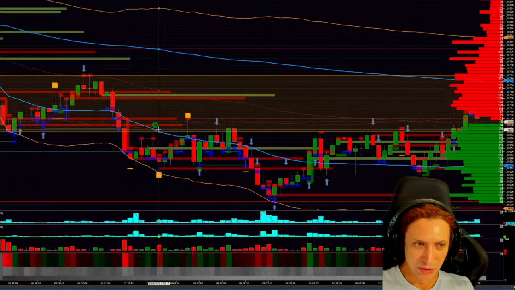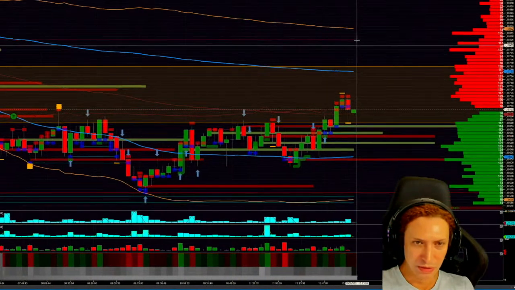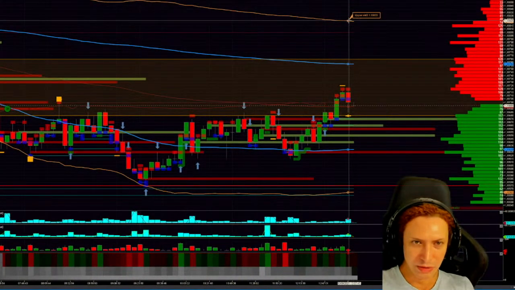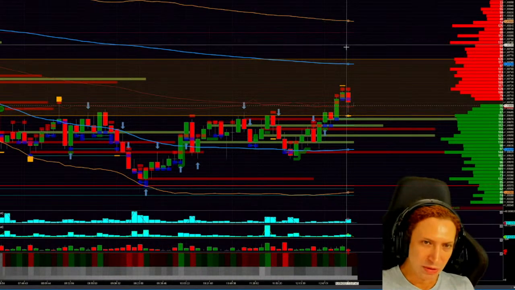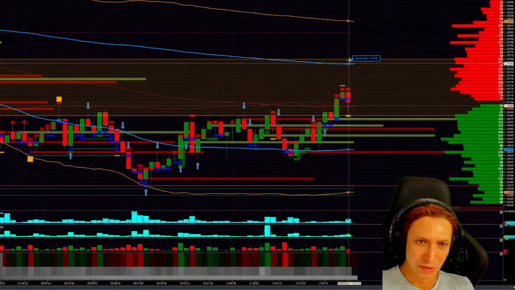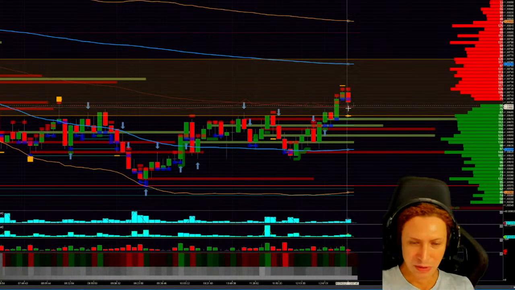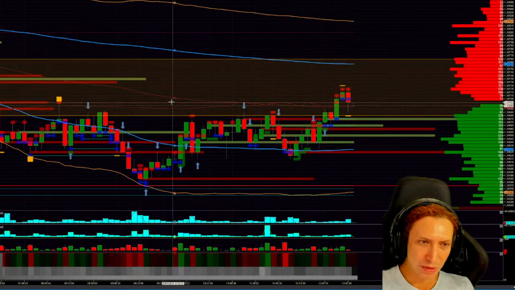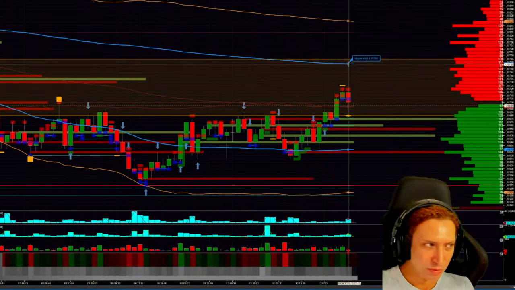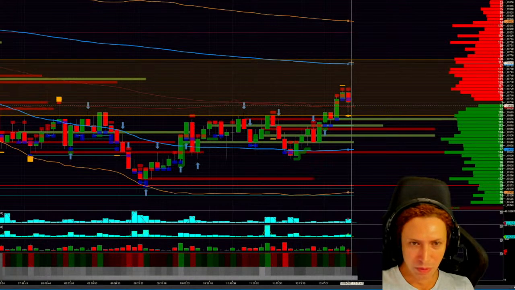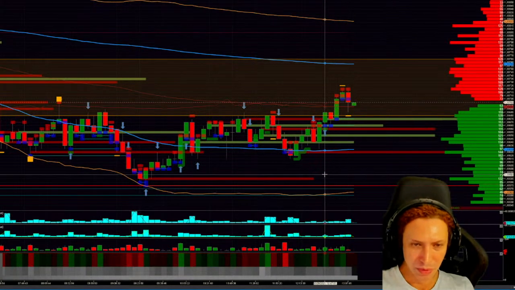Okay, we can see another thing in this chart, this blue and this yellowish line. What this shows us is the VWAP, which is the volume average of the session, and these two are the deviations, the upper deviation and the lower deviation.